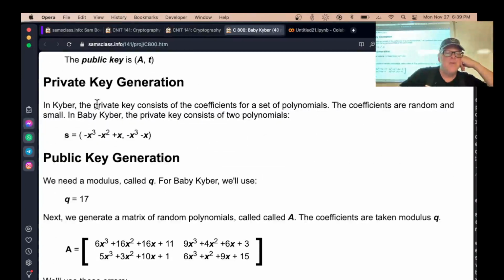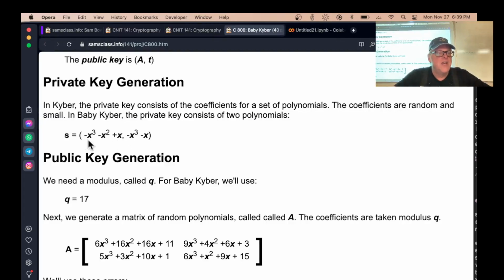So to generate your private key, you just make it up. You just use small numbers here, so I'm just using -1 and 1, and you have polynomials, and for Baby Kyber, we're going to use a maximum power of 3. So all we have is 4 possible terms: cubes, squares, x to the 1st, and constants, 1. And so here I just choose -1, 1, and 0 for the 4 possible parameters.